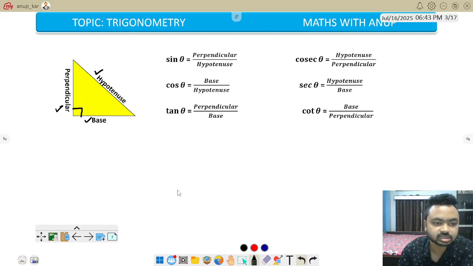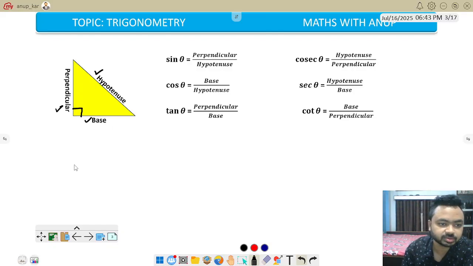Base is the side upon which the right angle triangle rests. Hypotenuse is the side opposite to the 90 degree angle, and perpendicular is the side which stands at 90 degree to the base.